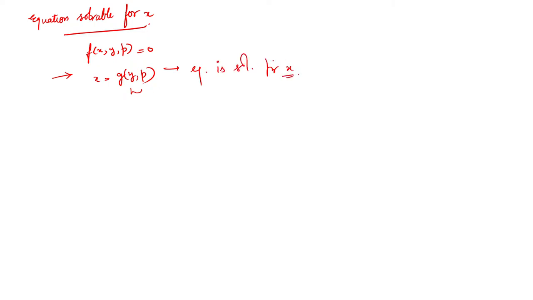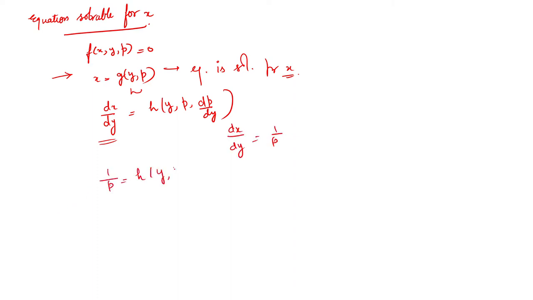The same process you have to do, you have to find derivative with respect to y. So if you find derivative with respect to y, here is the function of y, here is p, here is dp by dy. As we know dx by dy can be written as 1 by p. So it may be 1 by p equals h(y, p) dp by dy.